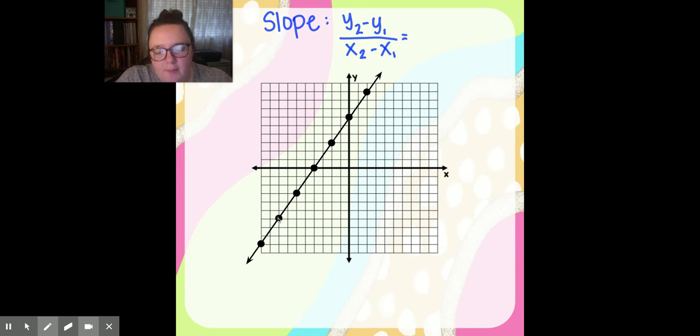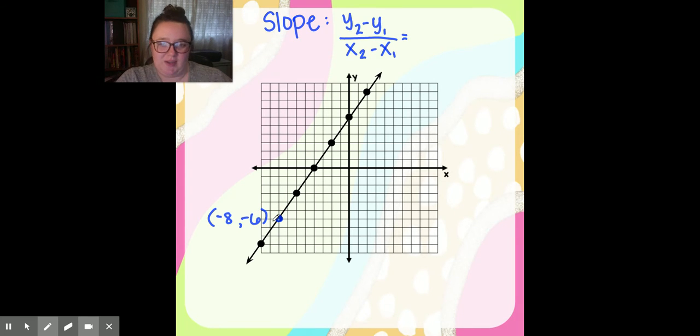So to find slope, I might say I'm going to use this point right here, and I need to find where that point is at. That point is at -8, -6.